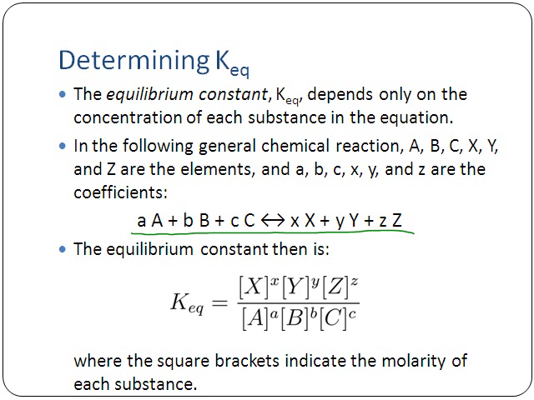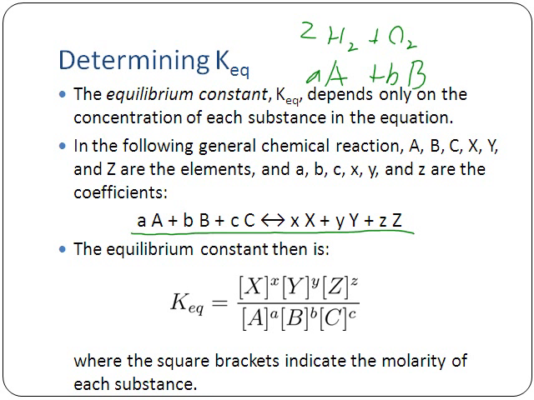So instead of having 2H2 plus O2, this would be the same as having a times capital A plus b times capital B. It basically works the same way.